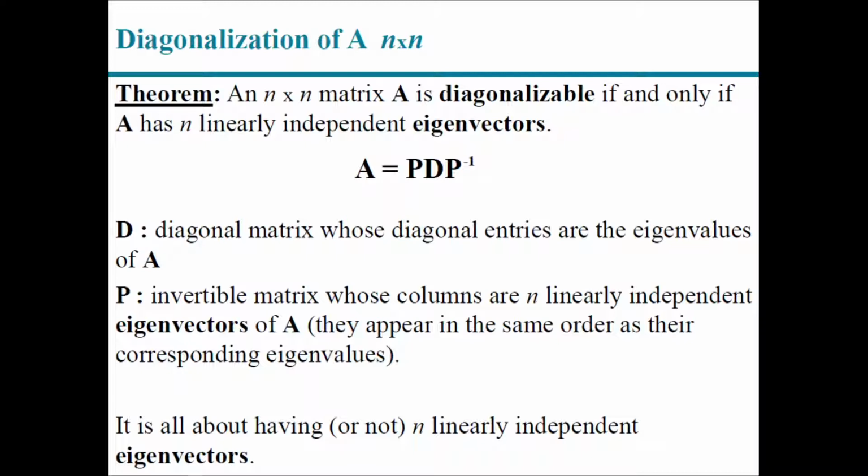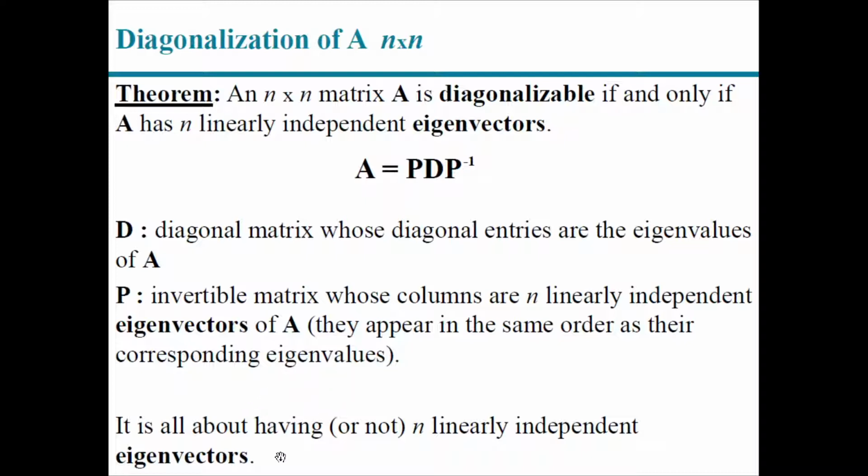As soon as you have eigenvalues, you get your matrix D. The problem will be building the invertible matrix P, because we need n linearly independent eigenvectors. Maybe we have them, maybe we don't. If we do have them, then our matrix is diagonalizable. Obviously, we need to put them in the same order as we put the eigenvalues. We will see examples of that.